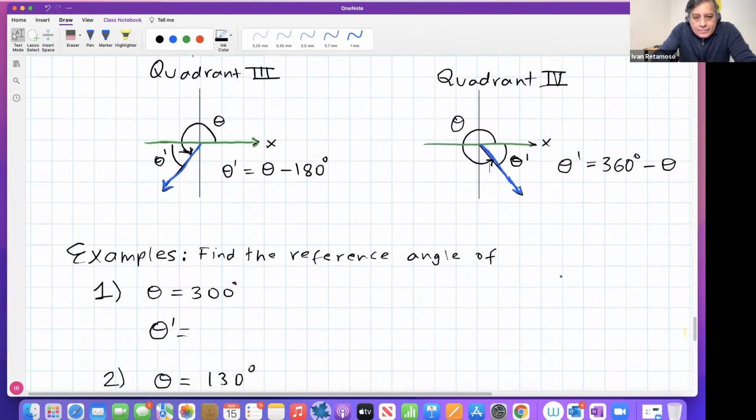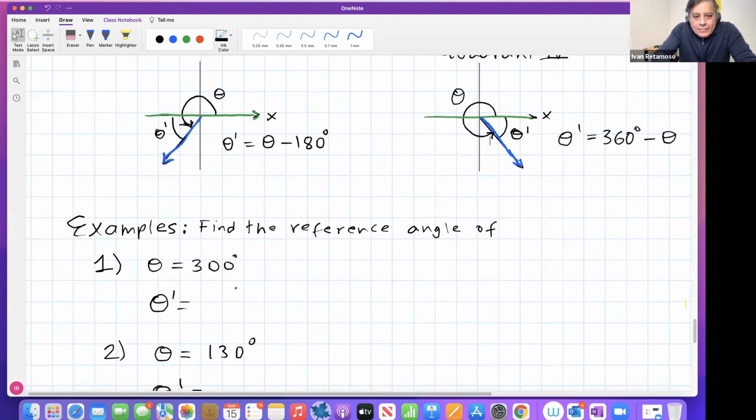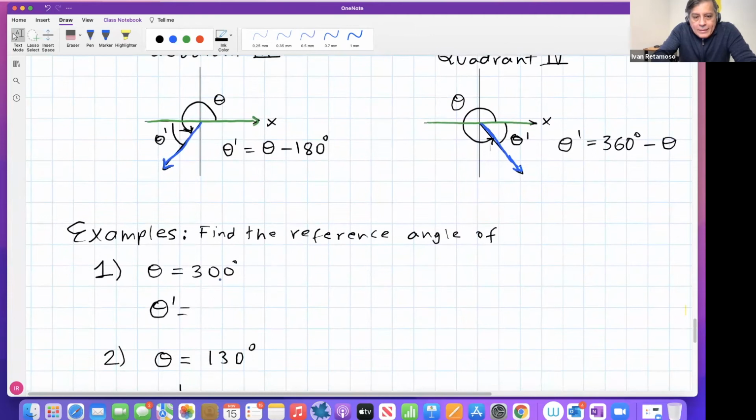Okay, so examples here. Example 1. Find the reference angle of 300 degrees. Okay, this 300 degrees falls in which quadrant? Well, if you draw a little diagram, not hard to see. If you draw this XY coordinate system, not hard to see that this is 90, 180, 270, 300 might be somewhere over here, right?